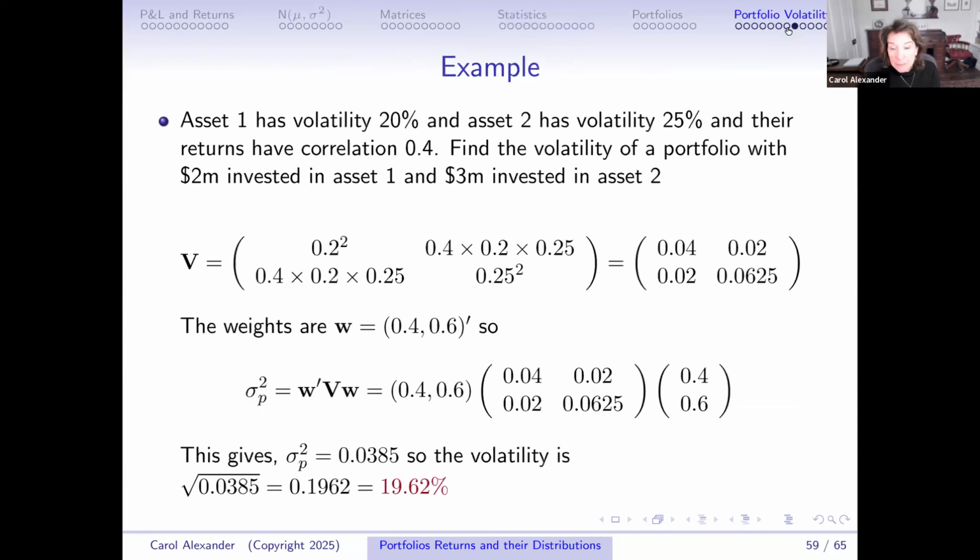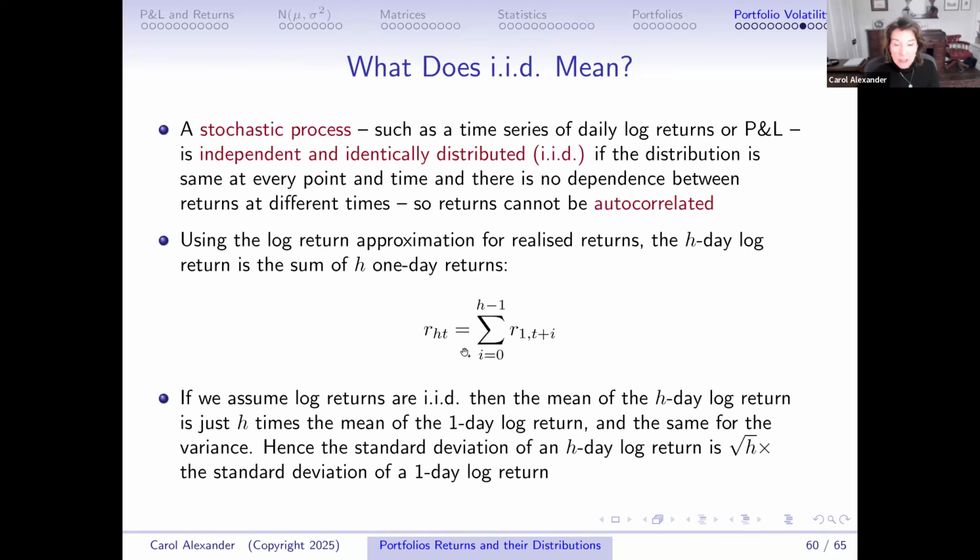So in this formula here, if you apply the expectation operator, we find that the expected return is just the same because they're identically distributed. So it's like mu plus mu plus mu. It's the same mu every time. So it's just h times mu. And the variance is going to be the variance of the first one-day return plus the second one-day return.